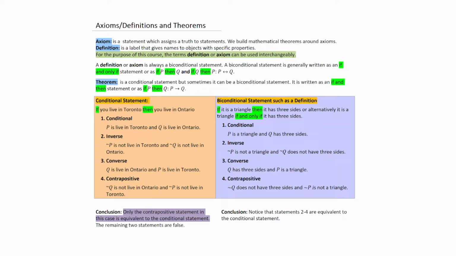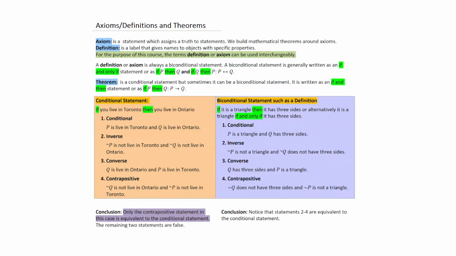And putting it in simple terms, we would have P with a double arrow, Q. The theorem, on the other hand, is a conditional statement, but sometimes it can be a biconditional statement. It's written as an if-then statement, or as if P then Q, and it's one direction, which means P to Q. So that's the symbology we would typically use.